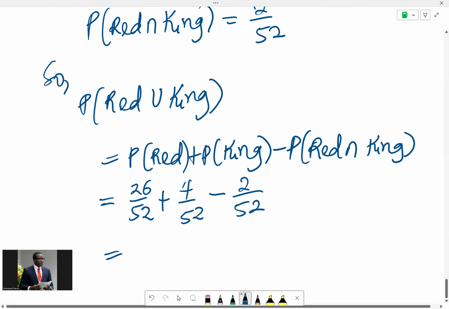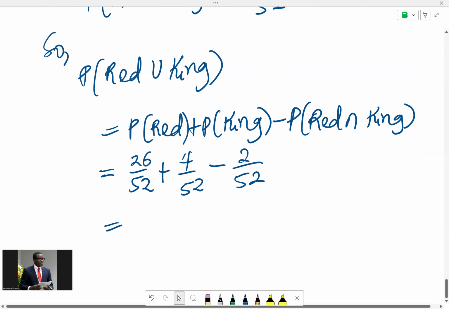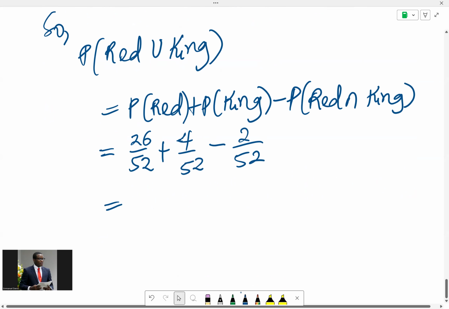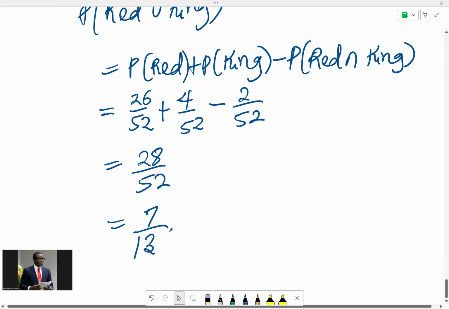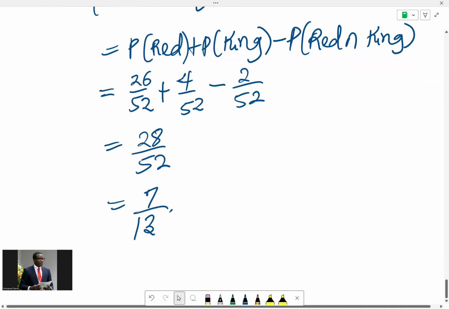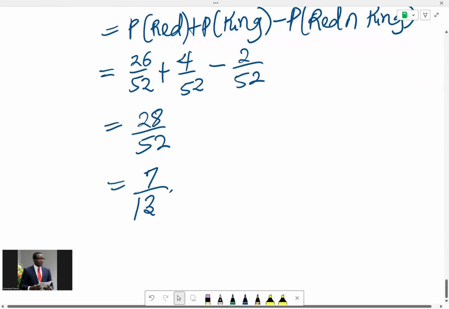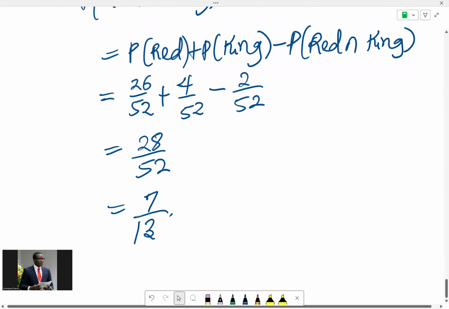And putting all that together, this is 26 plus 4, 30. 30 minus 2, that's 28 over 52. So 4 goes in 28 7 times, 4 goes in 52 13 times. So the probability of drawing a red or king is actually 7 over 13 because we have 2 cards that are both red and king, while we have 26 that are red, while 4 are king.